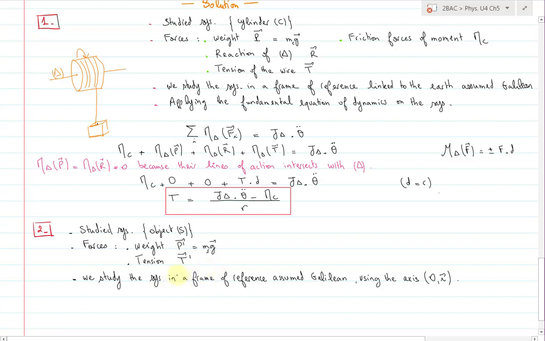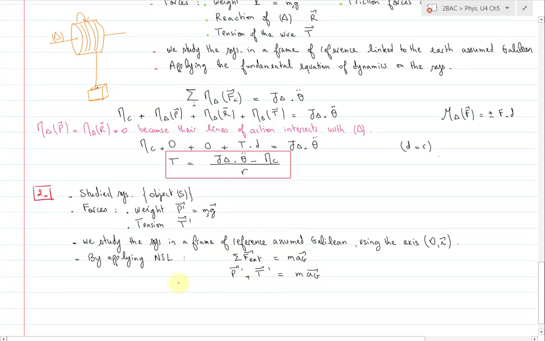Fourth step, applying NSL. The sum of external forces is equal to m a G, because I need P prime plus T prime equal to m a G, like this. We call this equation 1.